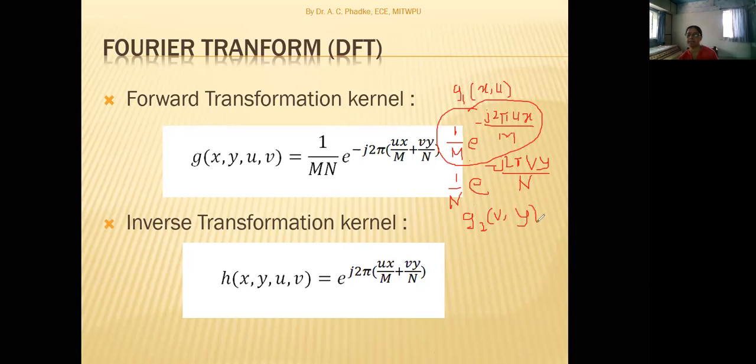As we can separate the xu term from the vy term, we can say that this DFT is separable. The two-dimensional DFT is separable because we can separate it into two terms, g1(x, u) and g2(v, y). Okay, so this two-dimensional DFT is separable.